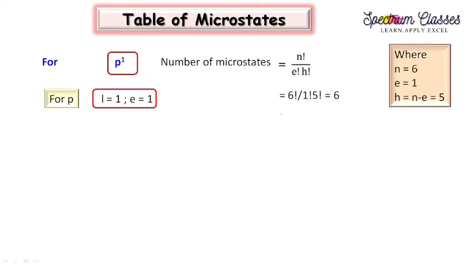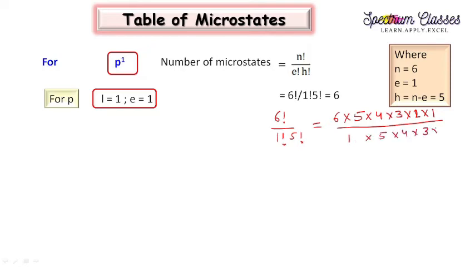So how are we going to calculate this? This is factorial 6 divided by factorial 1 factorial 5. Factorial means 6, then 5, then 4, then 3 up to 2 and 1. So this is the meaning of factorial 6. Now we are writing factorial 1 is equal to 1 and factorial 5 is 5, 4, 3, 2, 1. In this manner, this will be cancelled out by this.